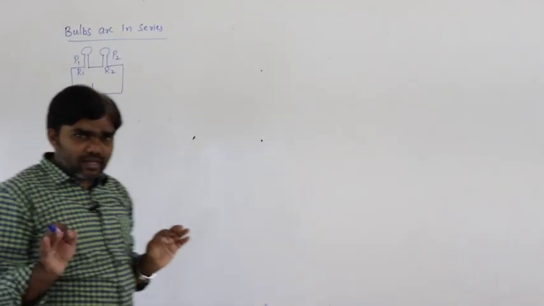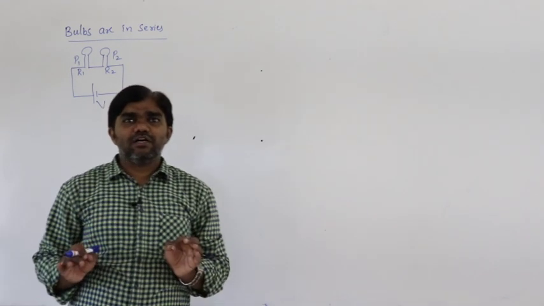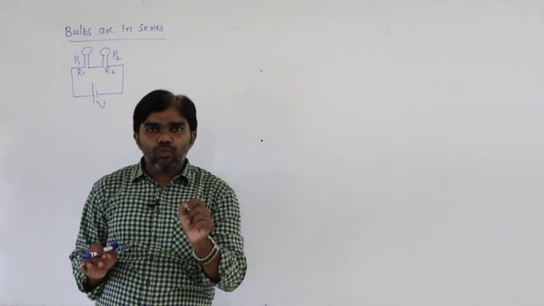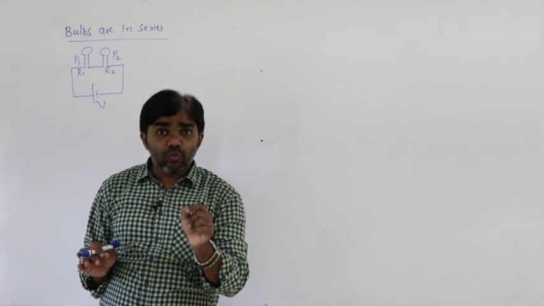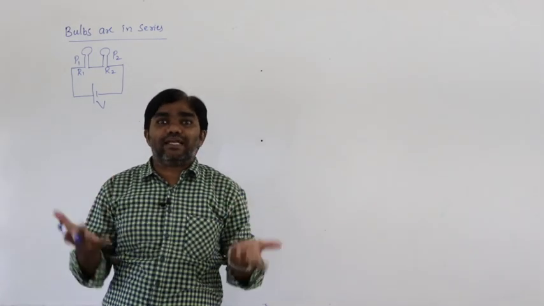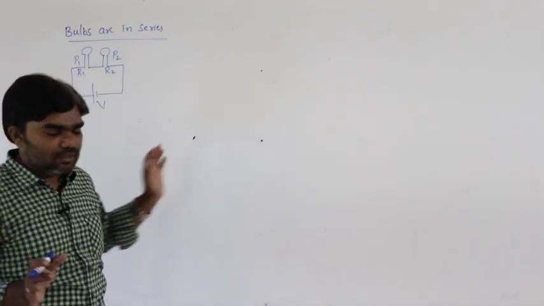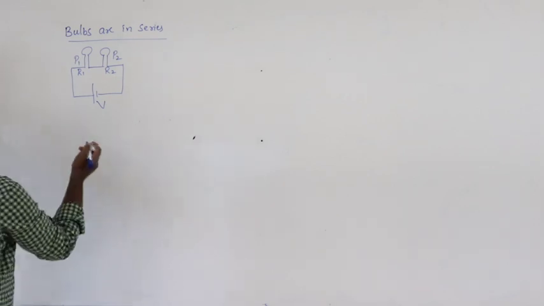So the simple way is, in case of series combination, the low wattage bulb glows brighter. How is it possible? Let us see here.